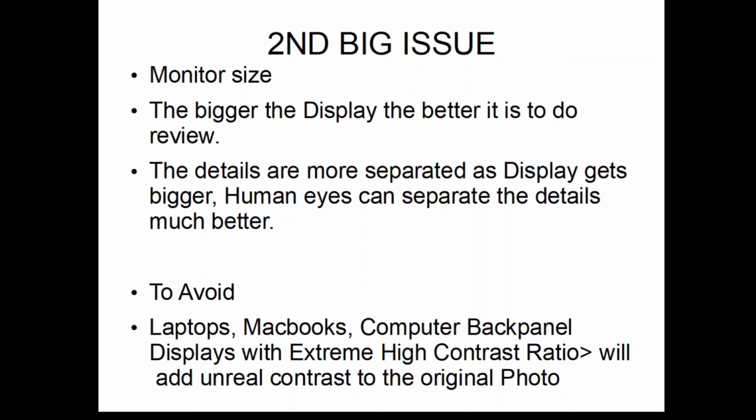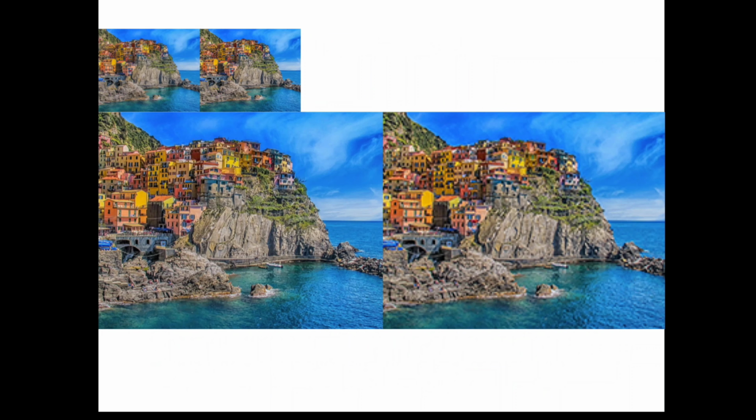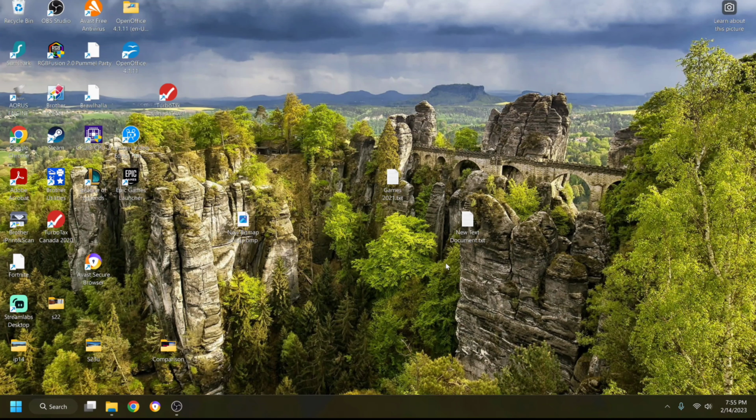MacBooks, laptops, you won't be able to calibrate as much as you can on your smart TV. Here is an example. The same picture on the top in a small screen, you don't see a big difference. But the same picture, when you see it on a big screen, you can see a big difference between the two pictures. This is just to show you guys how the size of display affects your camera comparison.